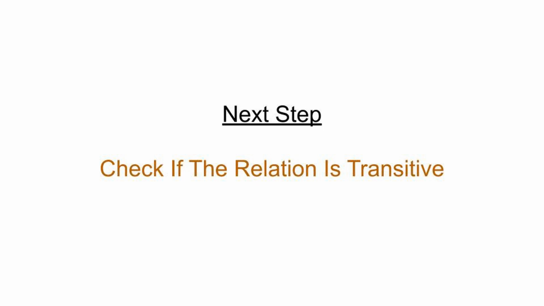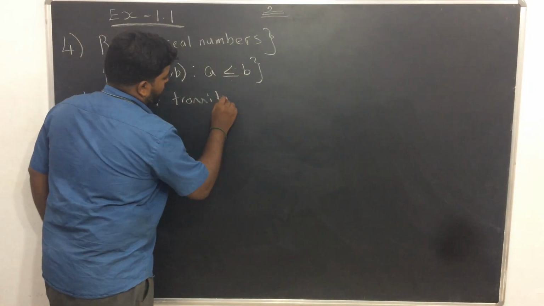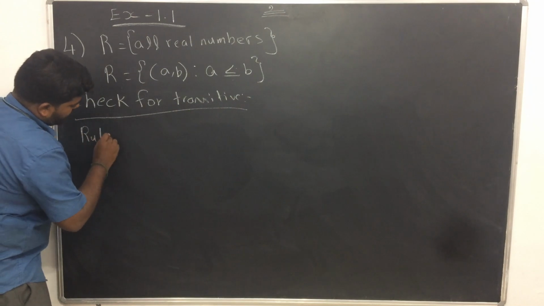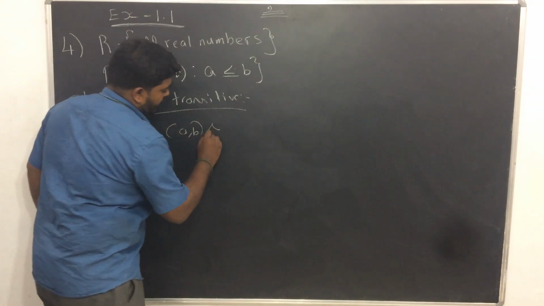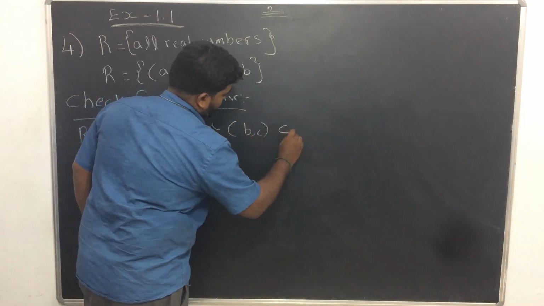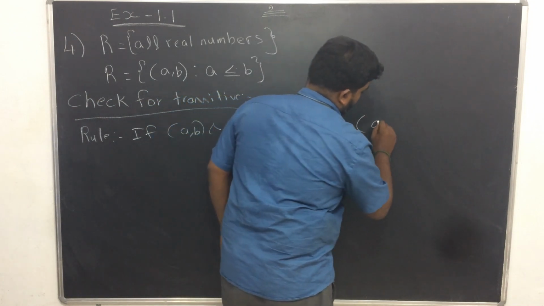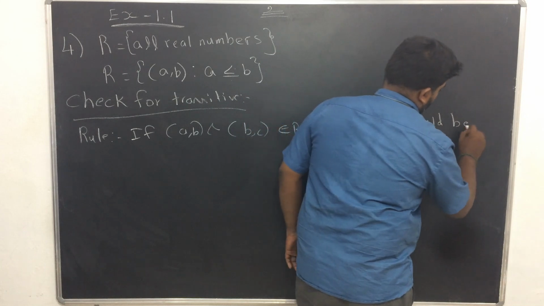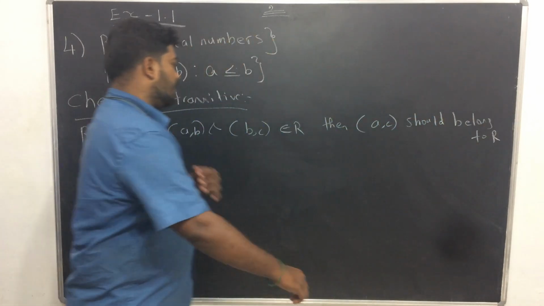Now let's check for transitive. Okay. We are done with reflexive and symmetric, and now we will check for transitive. For a relation to be transitive, what is the rule? If (A, B) and (B, C) belong to R, then (A, C) should belong to R. So this is the rule for any relation to be proved to be transitive.